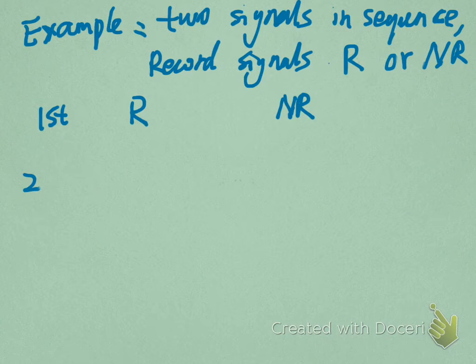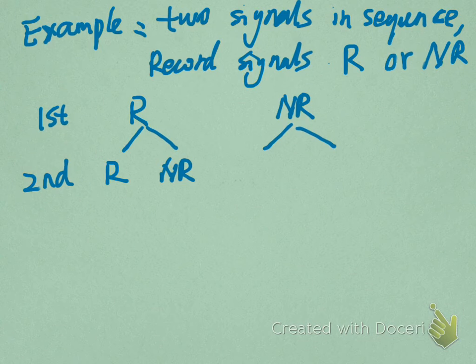For the second signal, it's still two cases: received or not. However, based on the two different possibilities from the first step, for each situation of the first signal, we have two possible outcomes for the second signal, R or NR, receive or not receive.